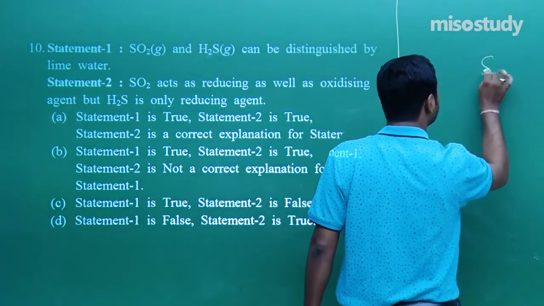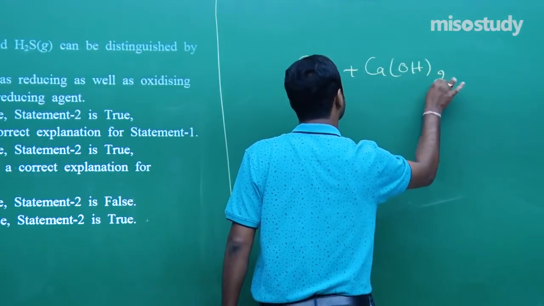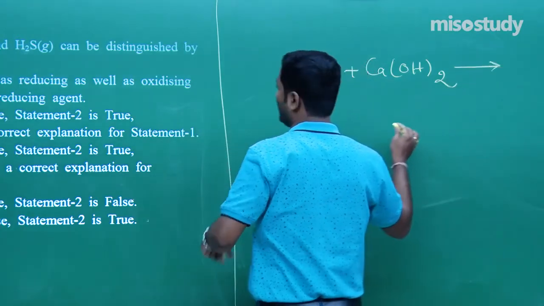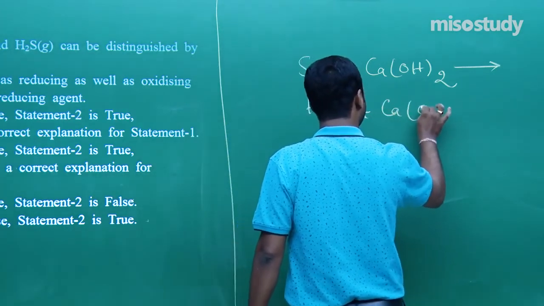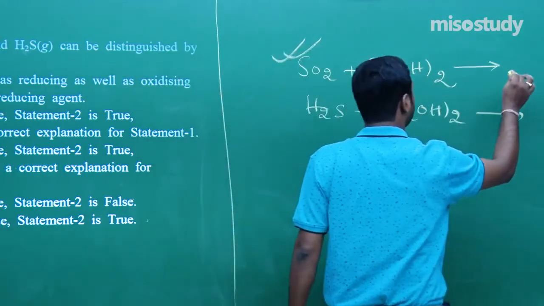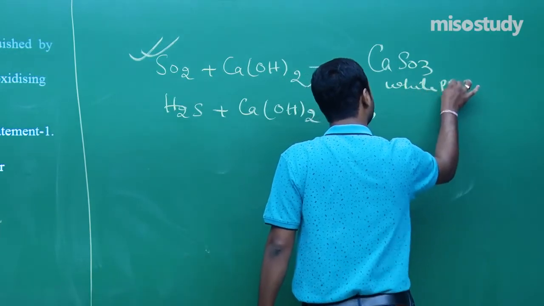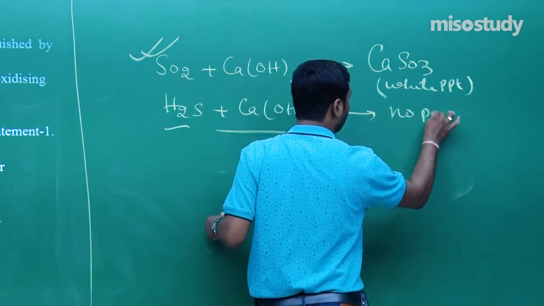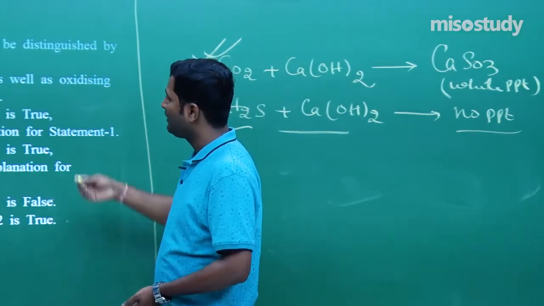Lime water, Ca(OH)2, reacts with SO2 and with H2S. If SO2 combines with lime water, it gives you CaSO3, which we know is a white precipitate. But in the case of H2S, no such precipitate forms, no precipitate formation takes place. So we can say statement 1 is correct.